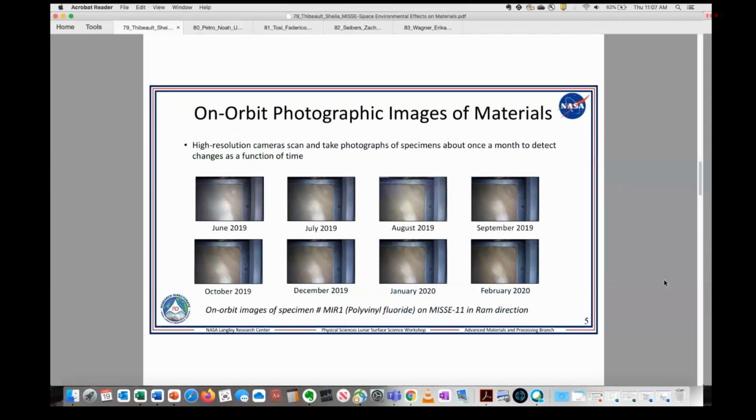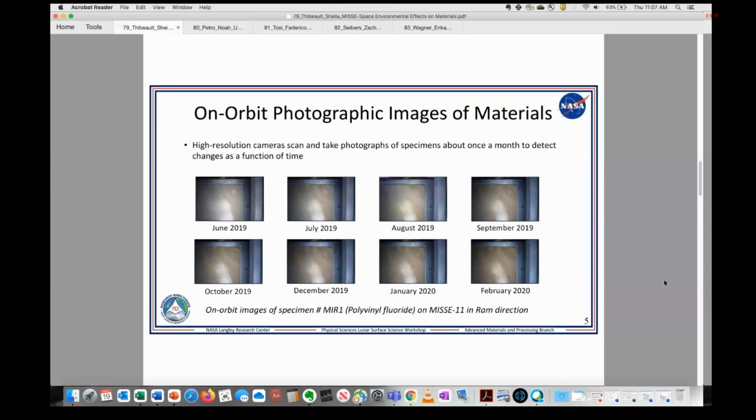On the MISSY platform, we now have some high-resolution cameras. In addition to getting our specimens back, there are some features on orbit that can help us see what is happening to our specimens as a function of time. And I am starting to find this useful myself. These high resolution cameras scan and take photographs about once a month.